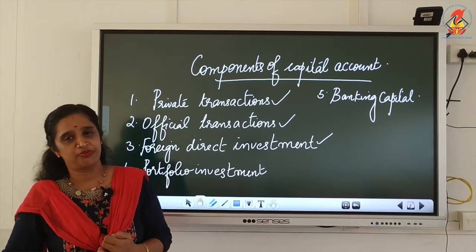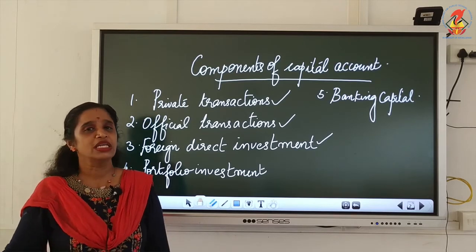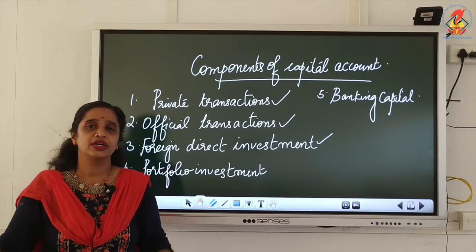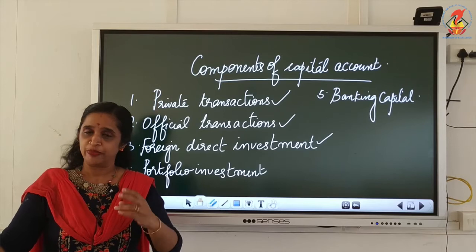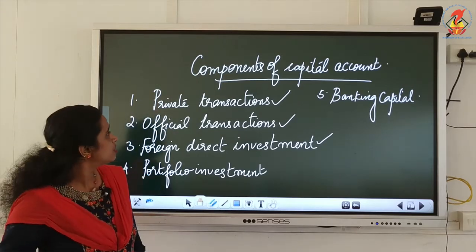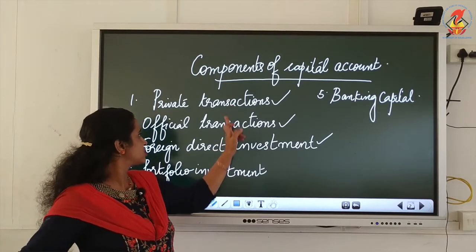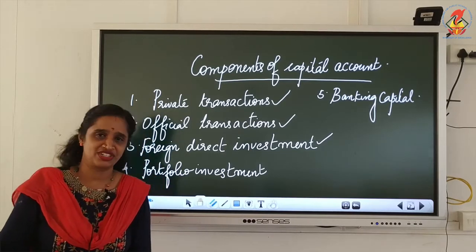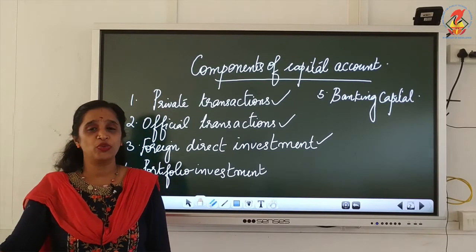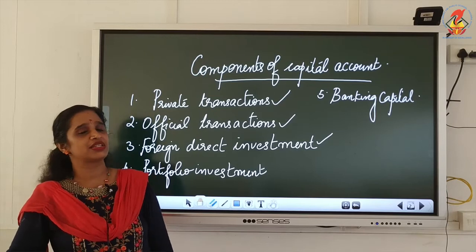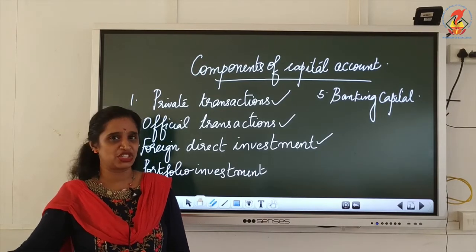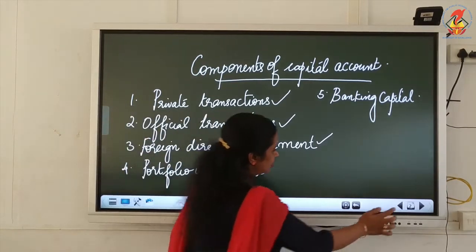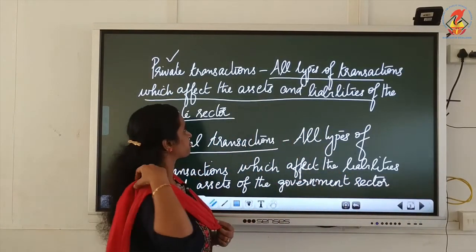Then we started learning about capital account. Then we finished with the two components of capital account. They are private transactions and official transactions. Now, hope you all remember what is a private transaction and what is official transaction. Now, I will explain it once again to you.